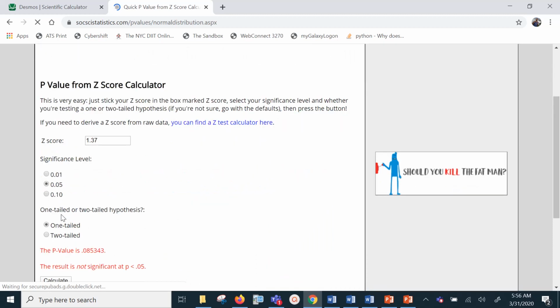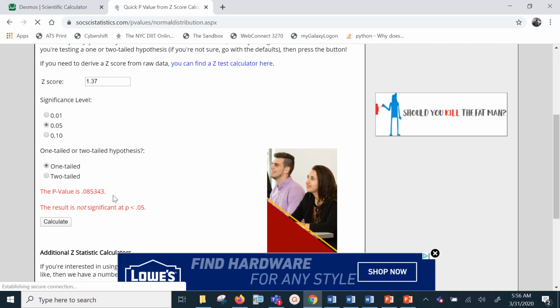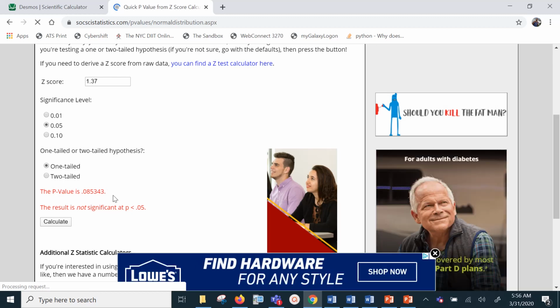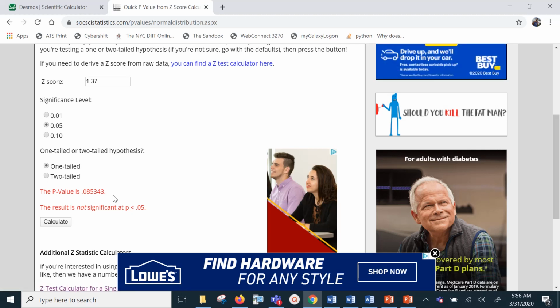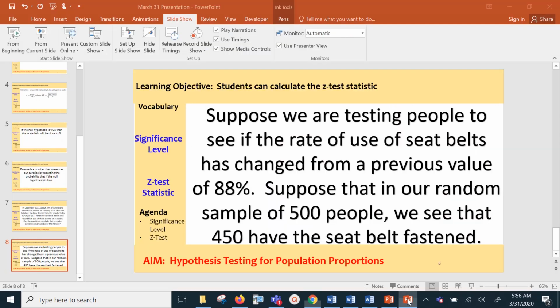We go down. Ah, look, this time it's red. This is not significant. Yeah, so it's telling us that it can't be rejected, right? This is not surprising. So for this one, we can't reject the null hypothesis.